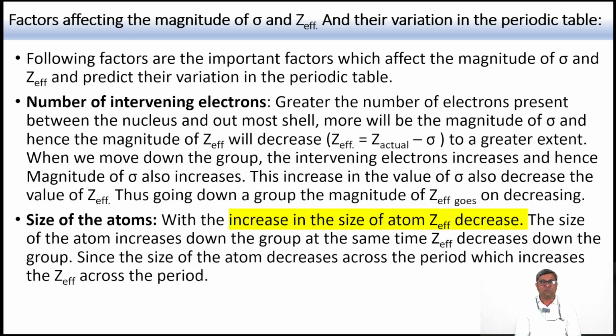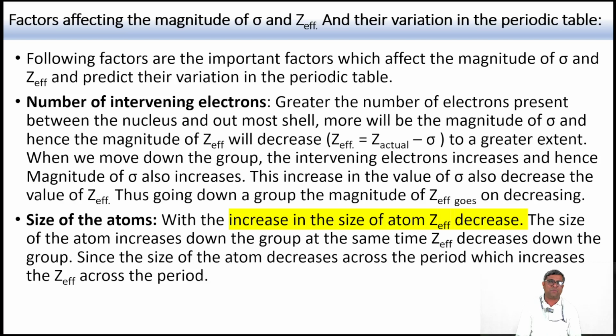When we move down the group, the intervening electrons increase and hence sigma also increases. This increase in sigma decreases Z effective. Thus going down the group, Z effective goes on decreasing.